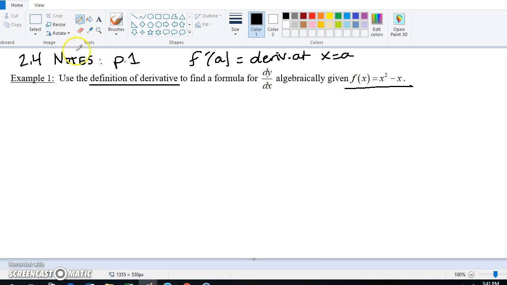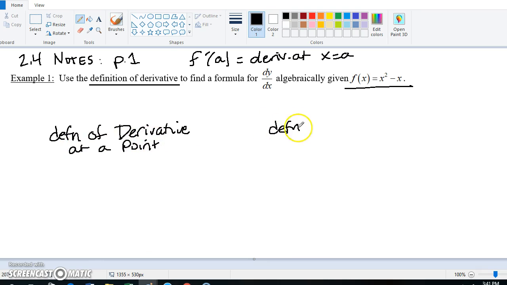All right, in this video, I'm just going to write down the definition of derivative at a point, which we already looked at, and the definition of derivative that's going to get us a function. Not just one value, a function.